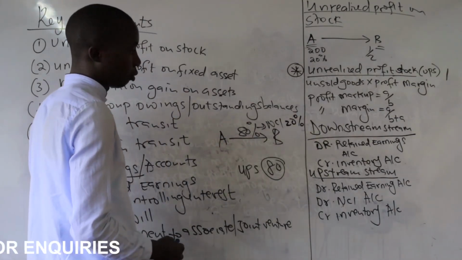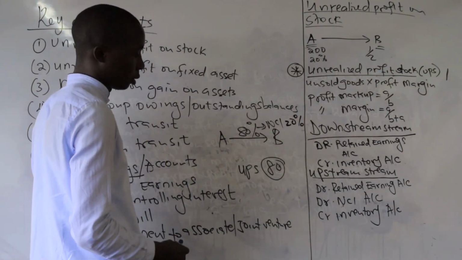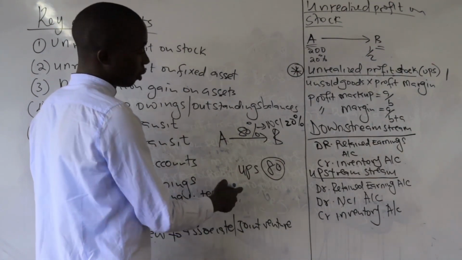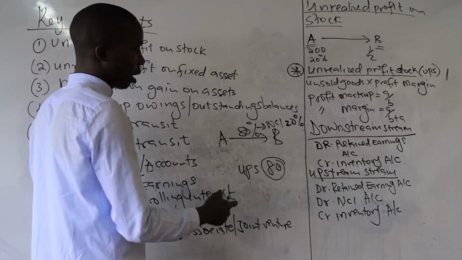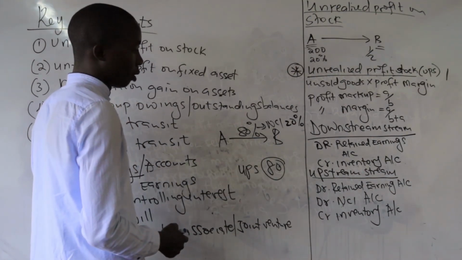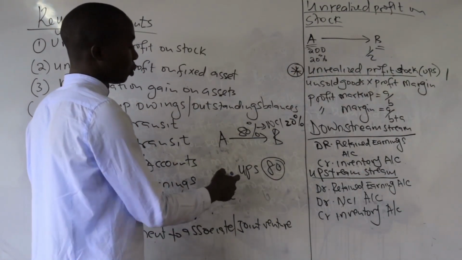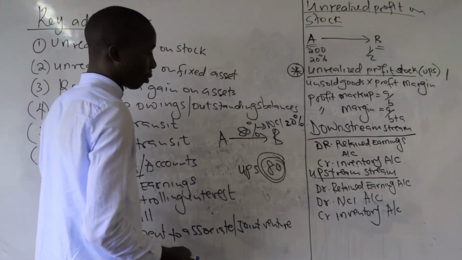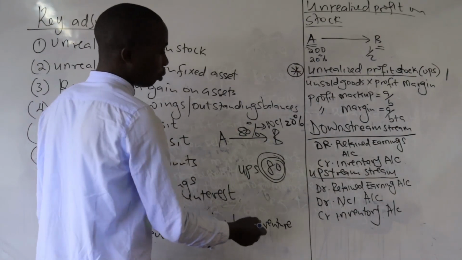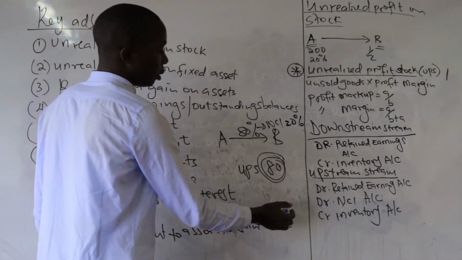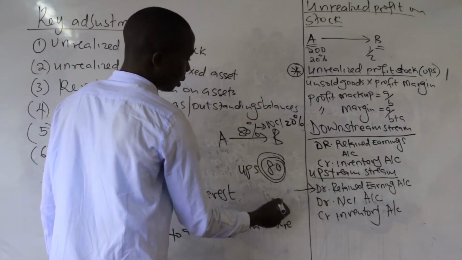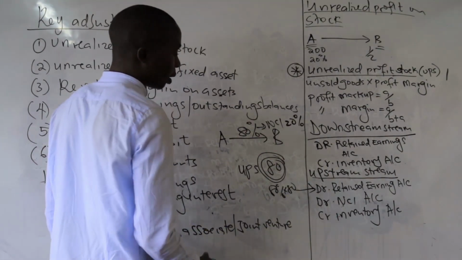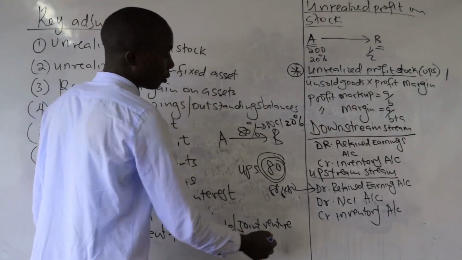So for you to recognize the unrealized profit on stock due to an upstream sale, of which I've given an example of 80, it has to be shared. 80% of the 80 goes to the retained earnings account, you debit.